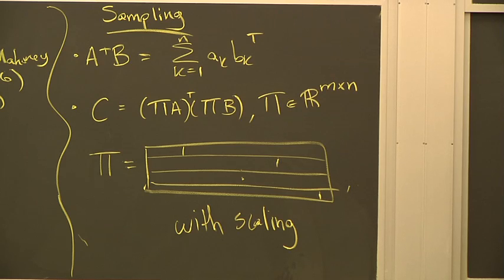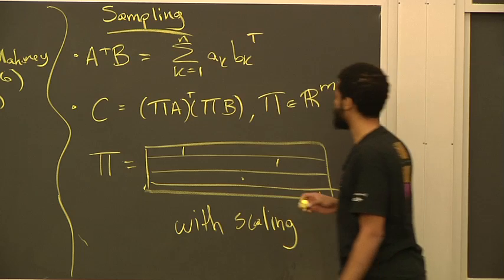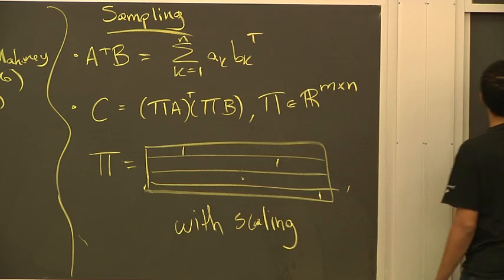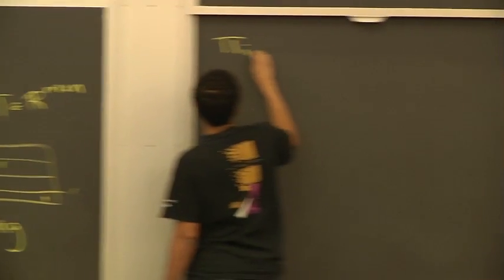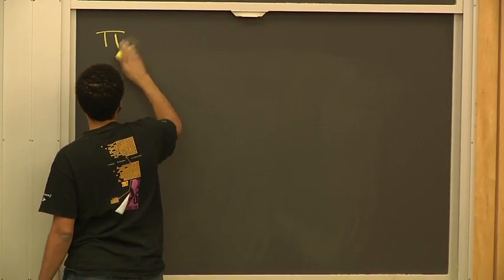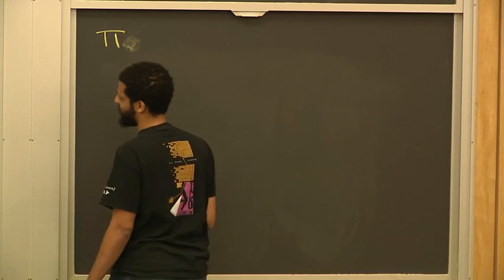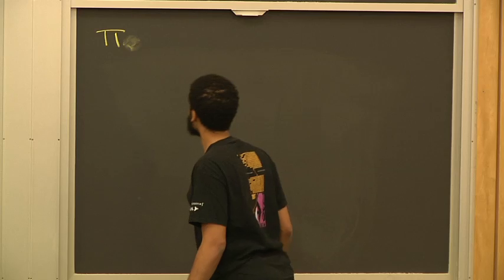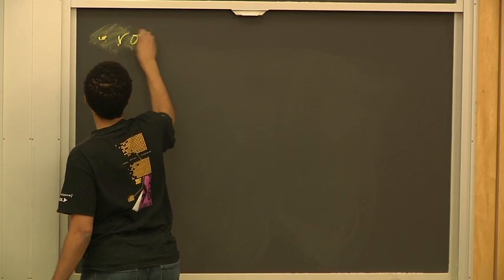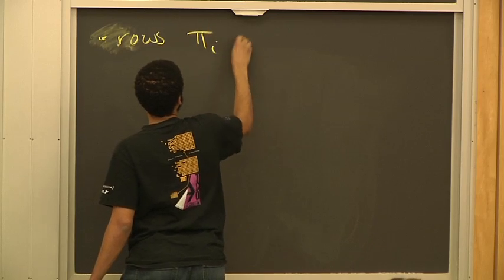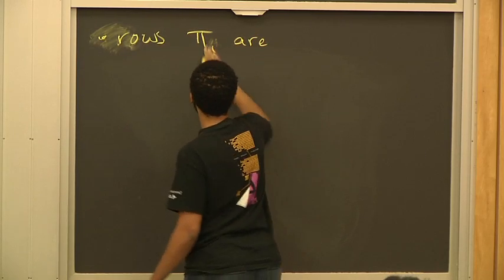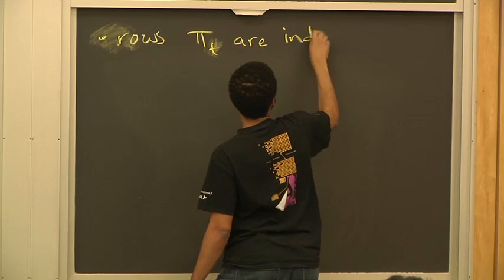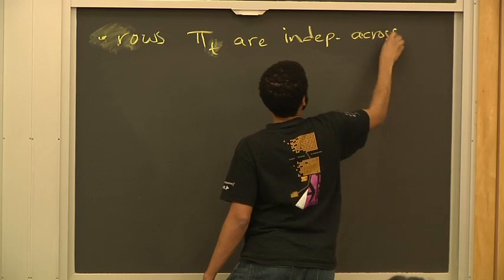Let's look at the rows of pi, let's call them pi 1 up to pi m. The rows pi t are independent across t.